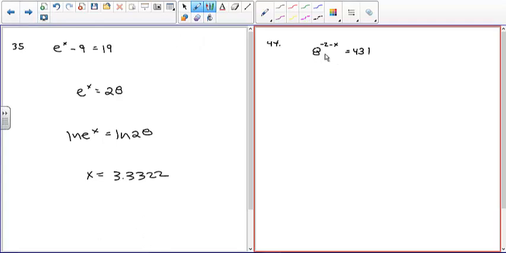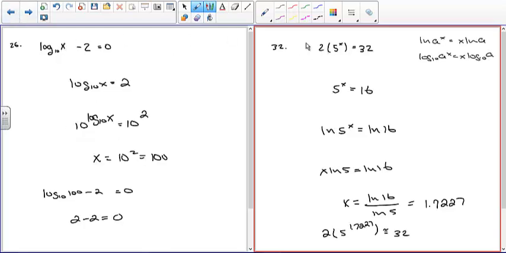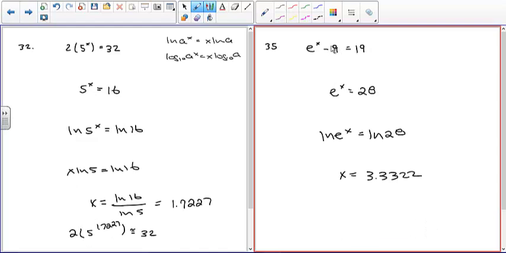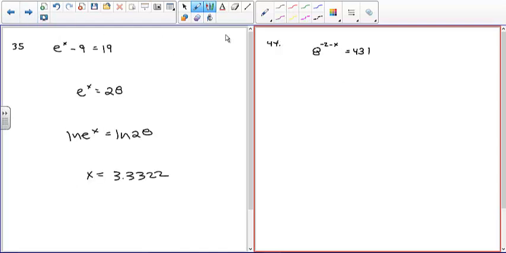Okay, so this one was already solved for some base raised to some power, so I don't have to do anything like here I had to divide by 2 first. Here I had to add 9, but it's already by itself, the power. So I'm going to again use the natural log of 8 to the minus 2 minus x power is equal to the natural log of 431.